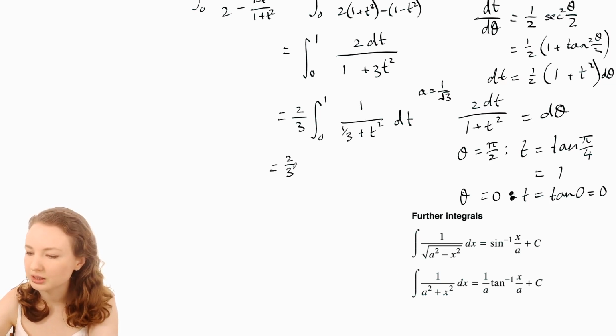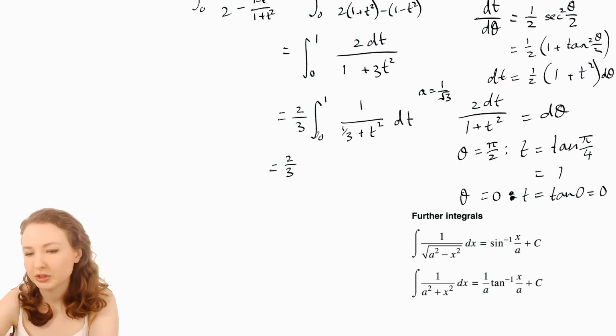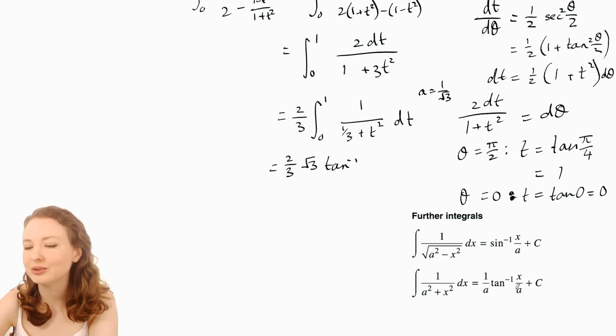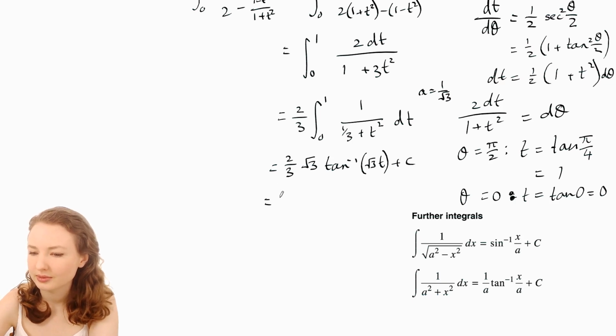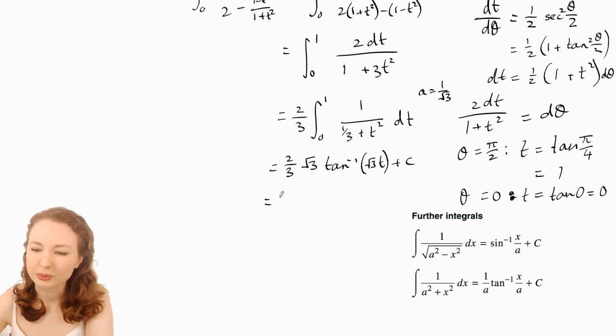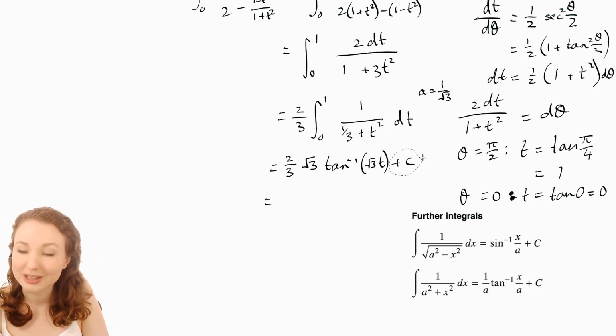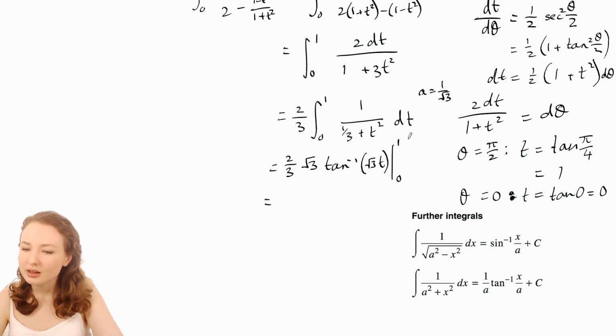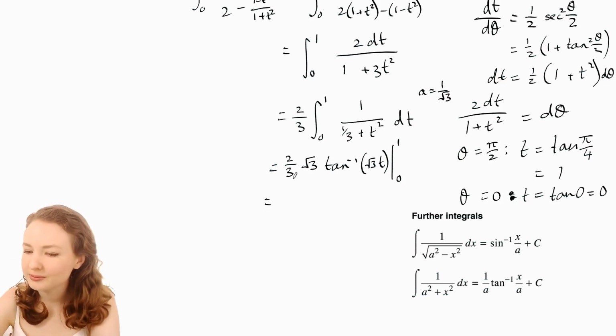So we've got 2/3 times 1 on a, which is root 3, then arctan of x on a, where x is t, so we've got t divided by 1 on root 3, which is just root 3t. Oh, not plus a constant, because we're doing a definite integral, so that's from 0 to 1. Okay, so we just need to plug in the 1.